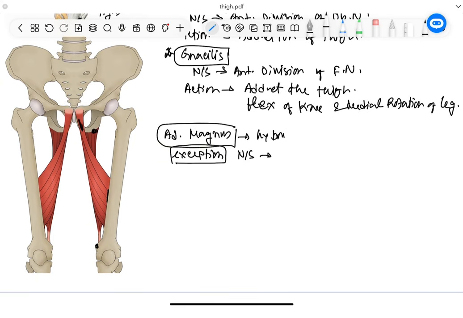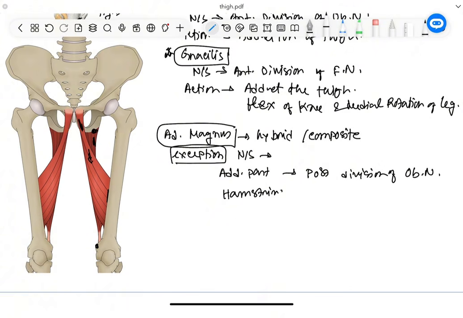Adductor magnus is a hybrid muscle, or we can say a composite muscle. So, this muscle has two nerve supplies. The adductor part will be supplied by the posterior division of the obturator nerve, and the hamstring part will be supplied by the tibial part of the sciatic nerve.